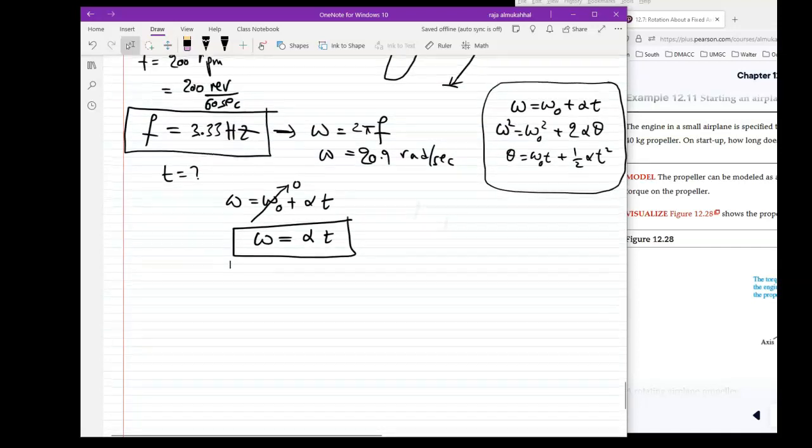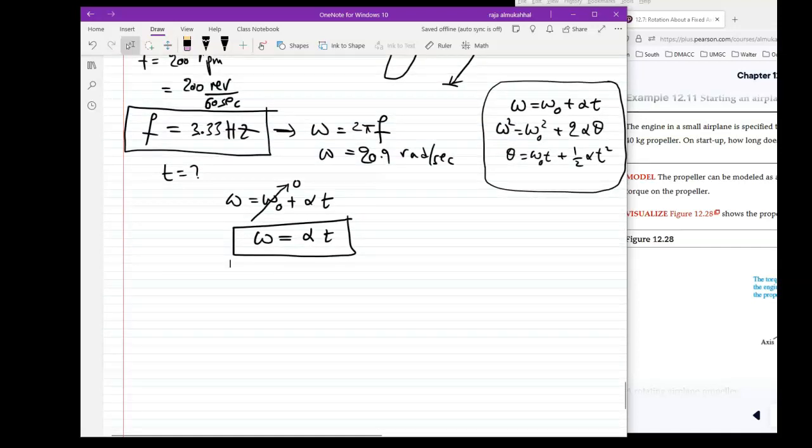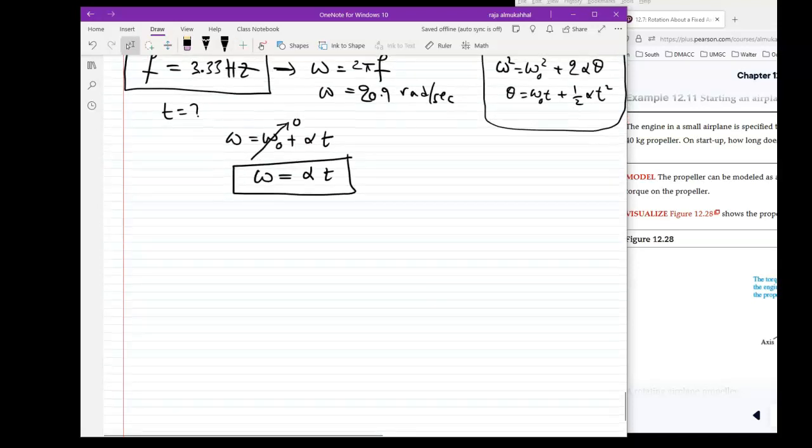Well, here's something that I did not mention purposely until we get to this problem. Let me just digress a little bit here. So far we have studied the following. Linear motion, where we said that F equals ma, right? That's for linear motion or translational motion. And then we have rotational here, right?